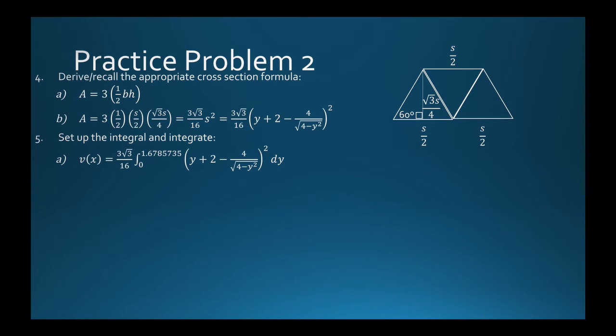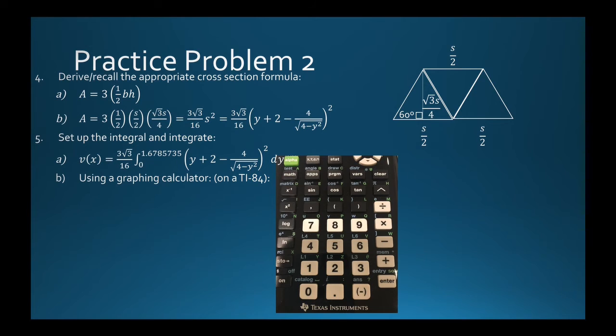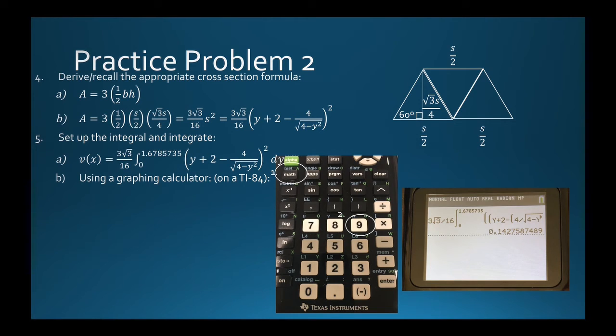And because this problem will require a bit of work in terms of expanding and then integrating, we'll be using a graphing calculator. And so in order to integrate on a graphing calculator, at least on a TI-84, you'll first want to press the math button and then the 9 button, and then enter in the 3 root 3 over 16 and the bounds of your integral, and then enter in the equation, and we see this long decimal that is our answer.